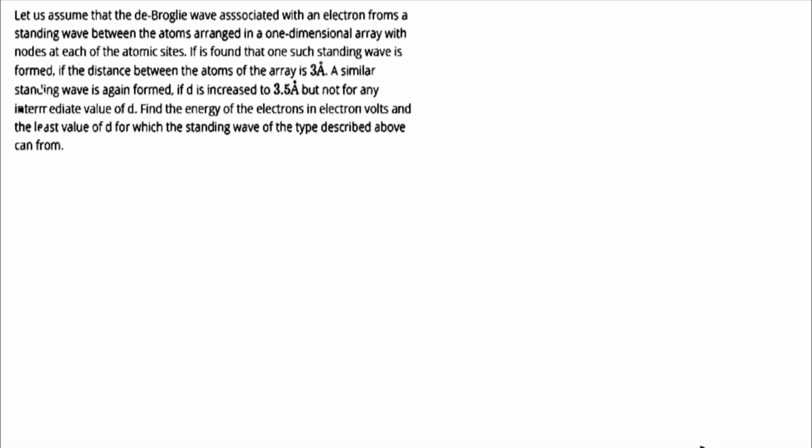A similar standing wave is again formed if d is increased to 3.5 angstrom, but not for any intermediate value of d. Find the energy of the electron in electron volt and the least value of d for which the standing wave of the type described above can form.